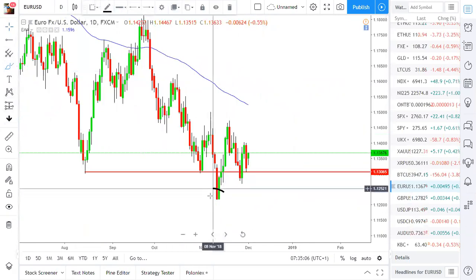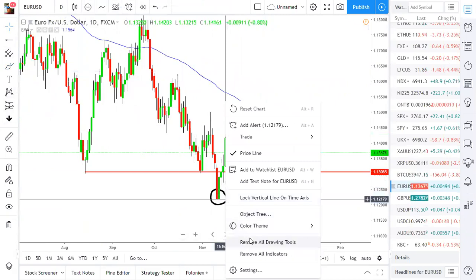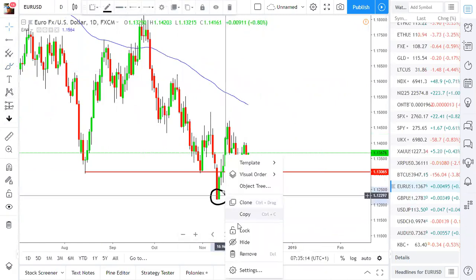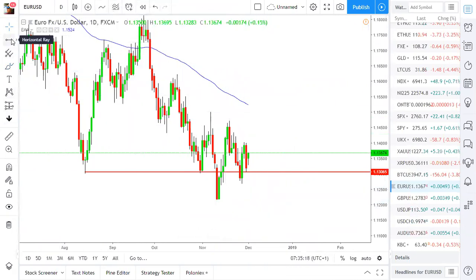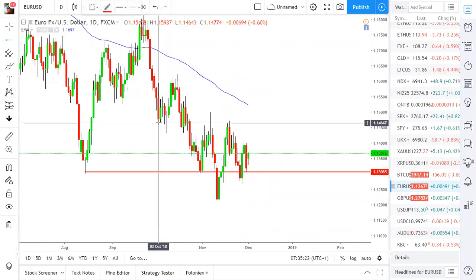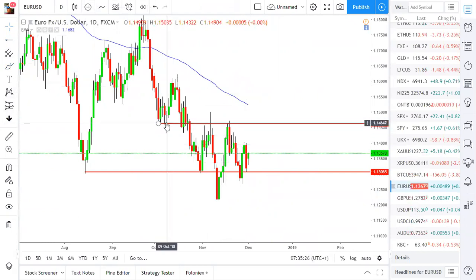So for me, I'm in a selling bias for this particular currency pair. I will be looking for shorting opportunities. And where will I be looking for those shorting opportunities? Places like this where there has been resistance and support.